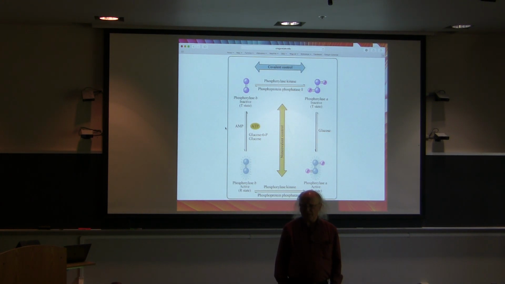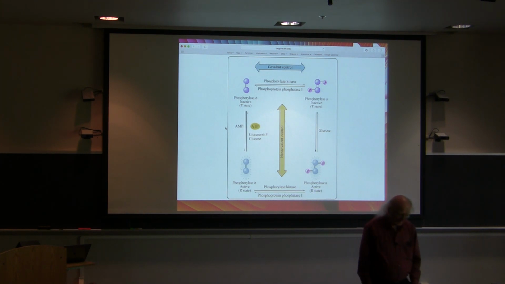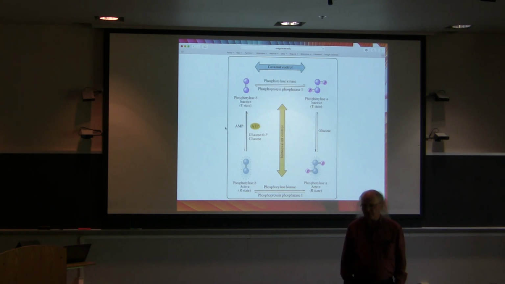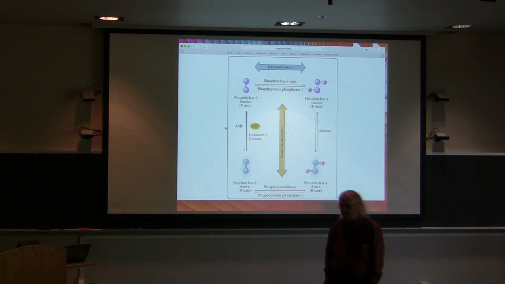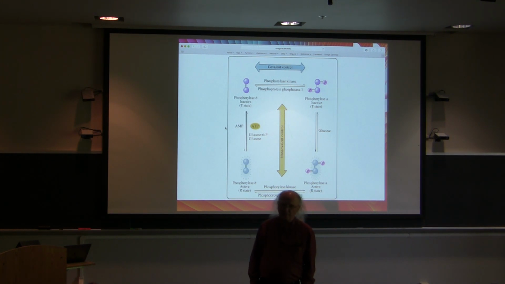My point is that if I put a phosphate onto glycogen phosphorylase, I will make it more active. If I take a phosphate off of the enzyme, I make it less active. That's really the only point. It was just an example of an enzyme that you could covalently modify and change its activity.